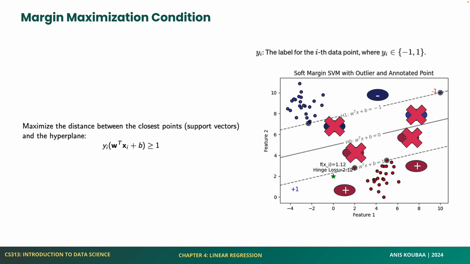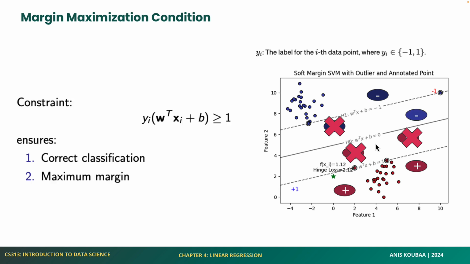The norm of W. Constrained on what? The norm of W can lead to these classifications. But in this case, we will say we're going to accept only those points that satisfy this condition. So this will discard these points from being correctly classified. So this is more restrictive.